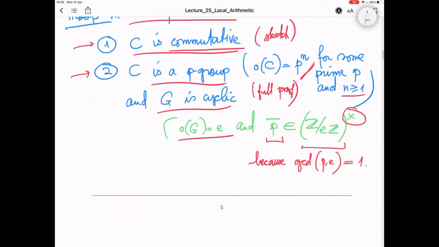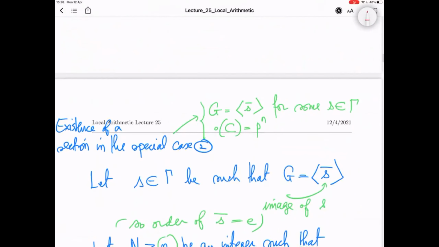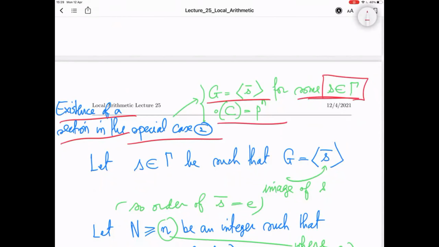Okay. So let's start by proving the special case 2. Proving meaning I'll not prove the entire thing, I'll show that a section always exists. So what is this special case? G is cyclic. So it is generated by s bar for some s in gamma, and the order of C is p to the n.